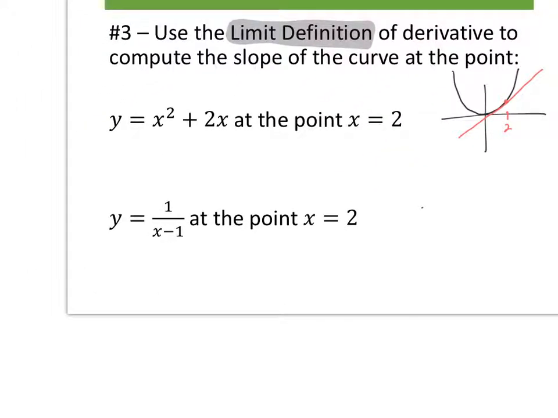So, I'm going to use the limit definition of the derivative, the limit as h approaches 0 of f of a plus h minus f of a all over h at the point 2.